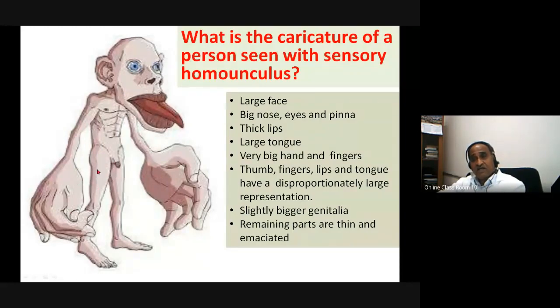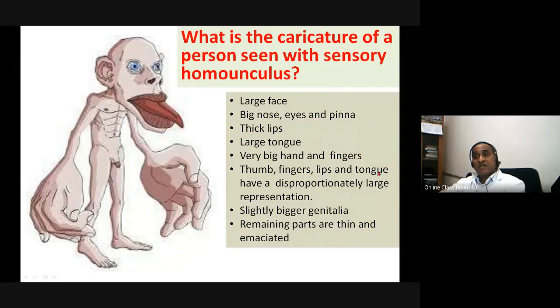No, it's not required that much. It is thin. It should be thin. But genitals have a greater representation, so that means larger genitals. So that is what I have mentioned: the large face, big nose and eyes and pinna, thick lips, large tongue, very big hands and fingers.